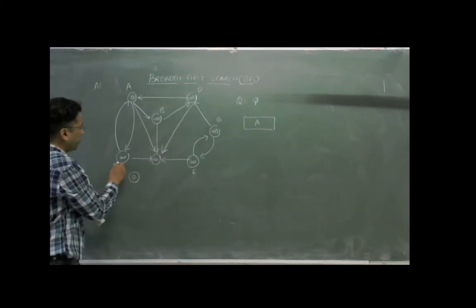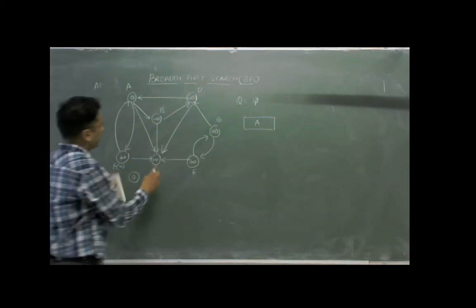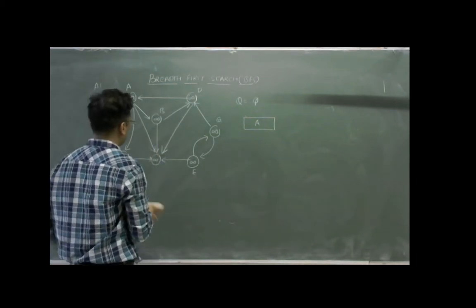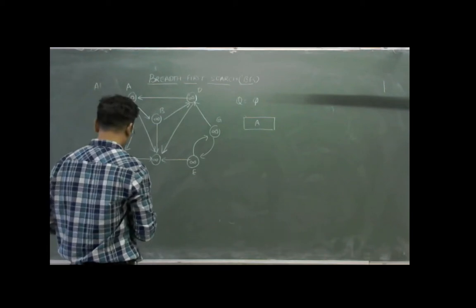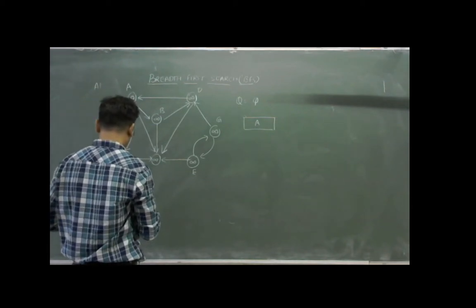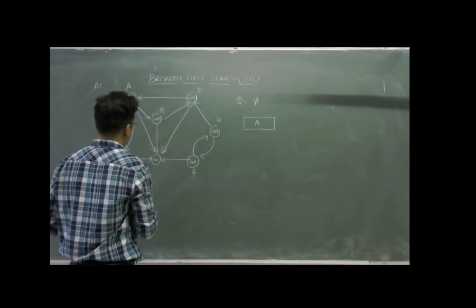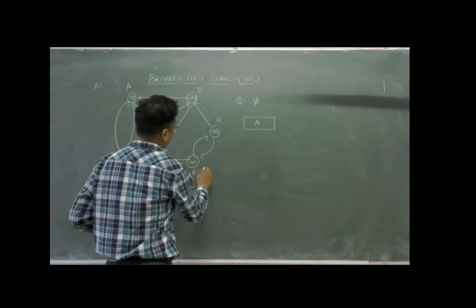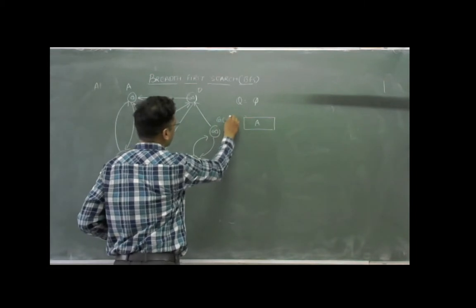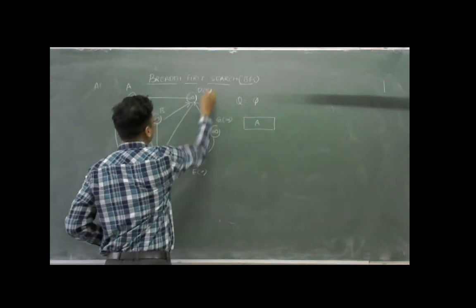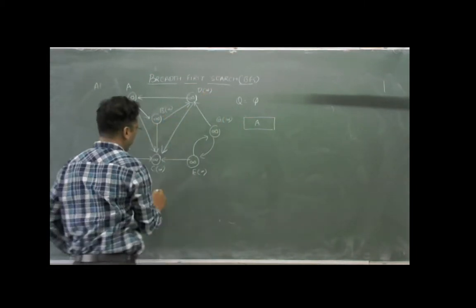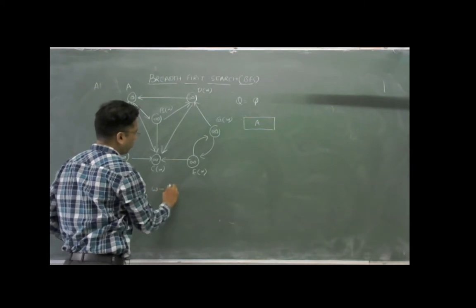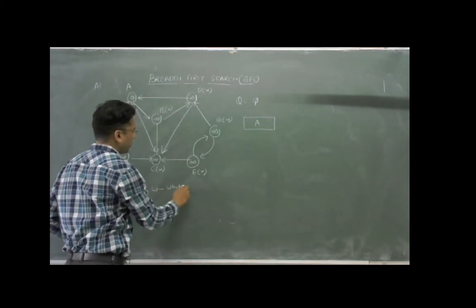A, B, C. Sorry, this node is C. C is of white color, E is of white color. W means white. Okay?